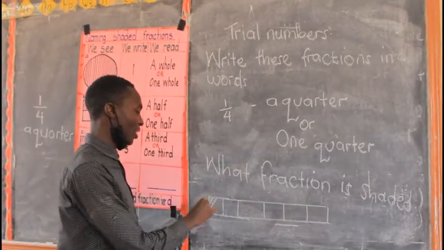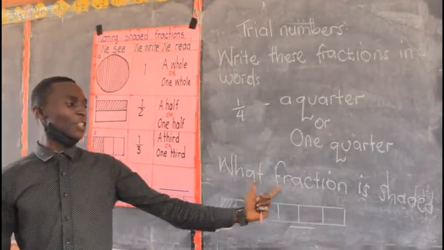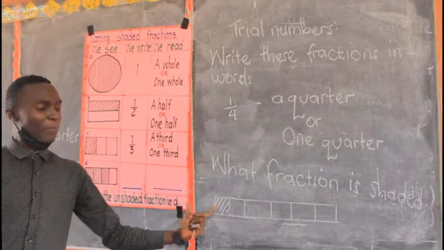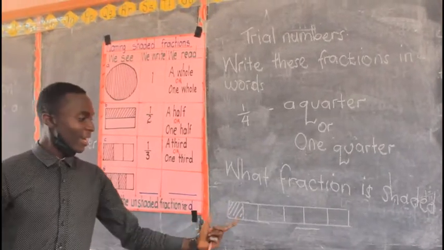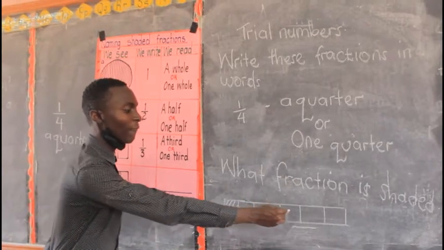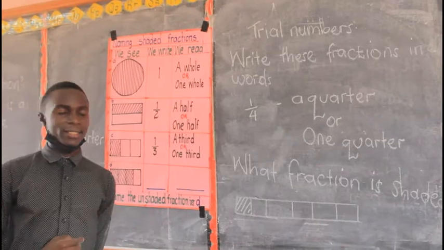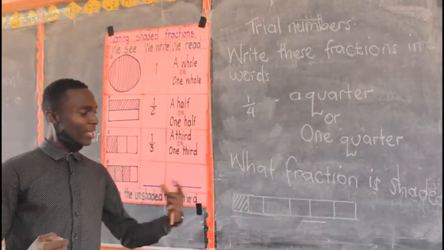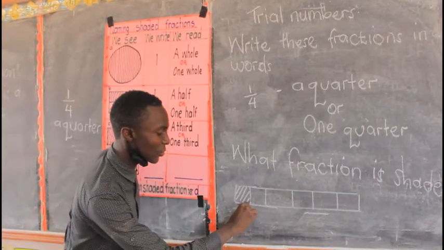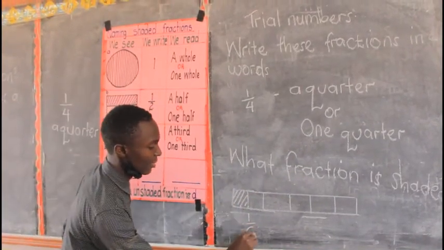They have shaded only one part. So what fraction is shaded? Let's first count how many parts are there in this figure. Let's count 1, 2, 3, 4, 5, 6. They are 6 parts. But how many parts are shaded? Only one. So we shall say it is 1 out of the 6 parts.